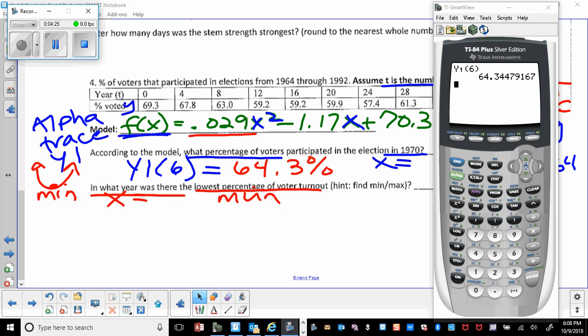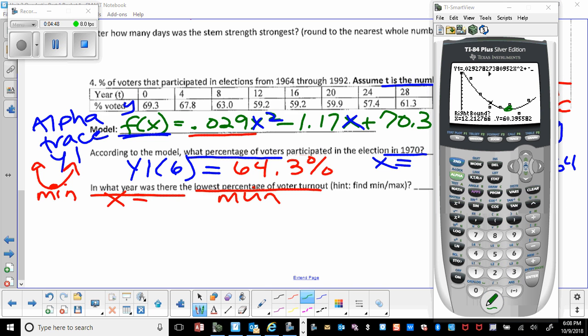All right, so I'm looking for the minimum, so I'm going to do second trace. And the minimum is number 3. All right, so there is my curve of best fit. And so I need to be to the left of it. So I hit the vertex, right?